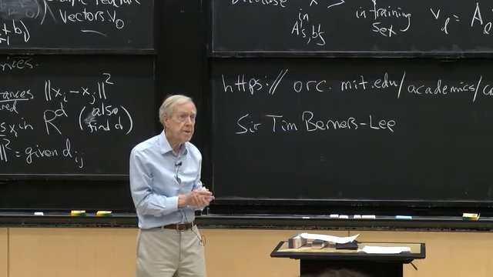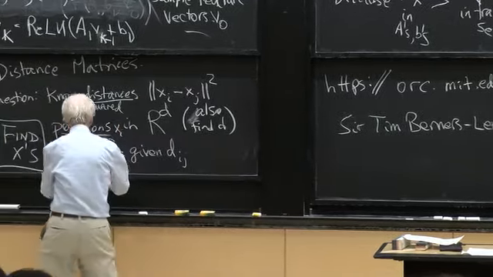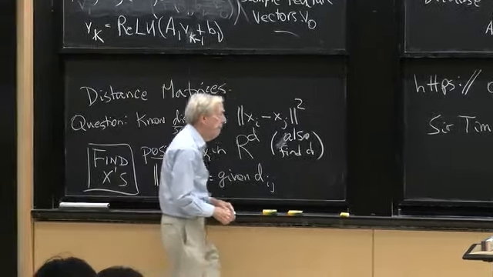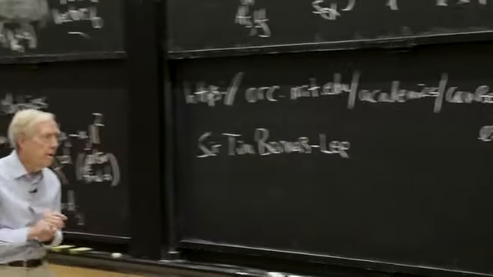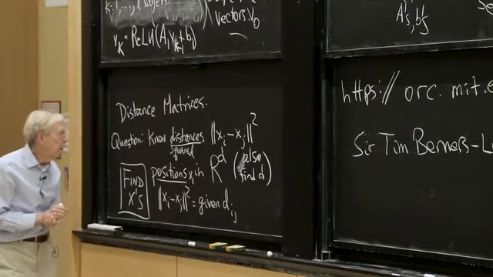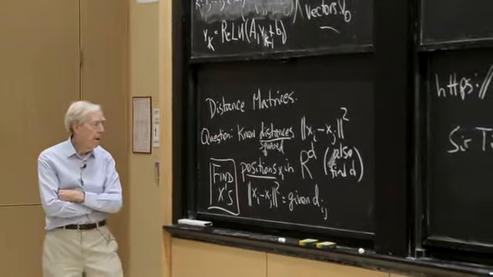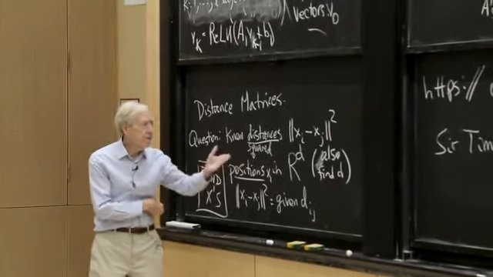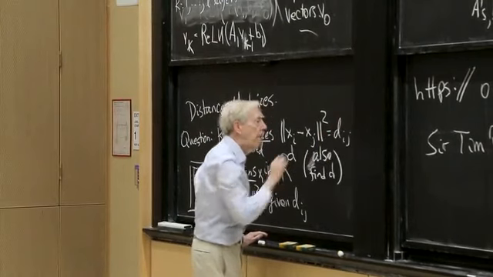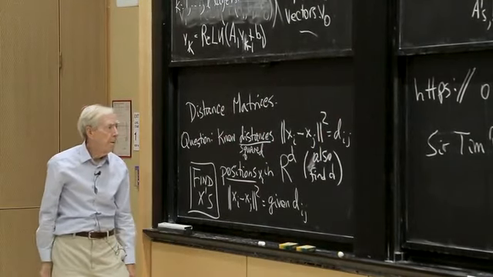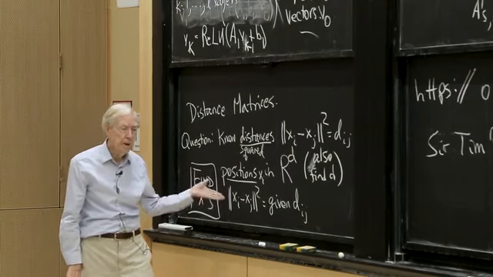Back to distance matrices. Okay, so here's the problem. We know these distances, and we want to find the x's. Let's call this dij maybe. So we have a D matrix, and we want to find a position matrix.